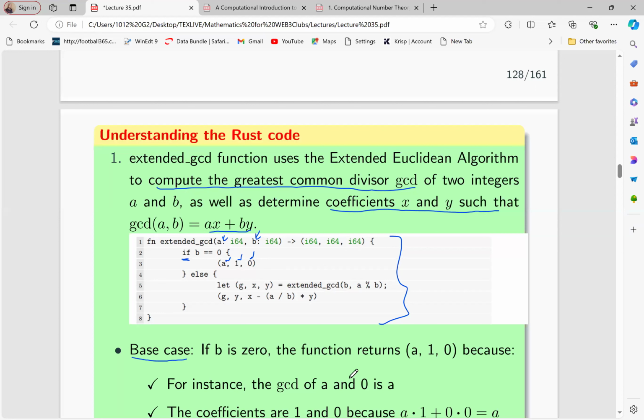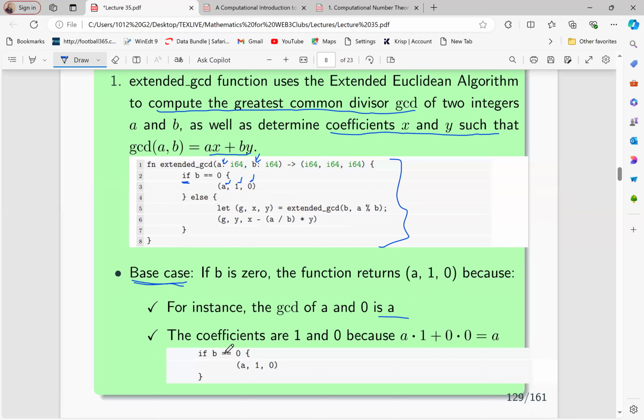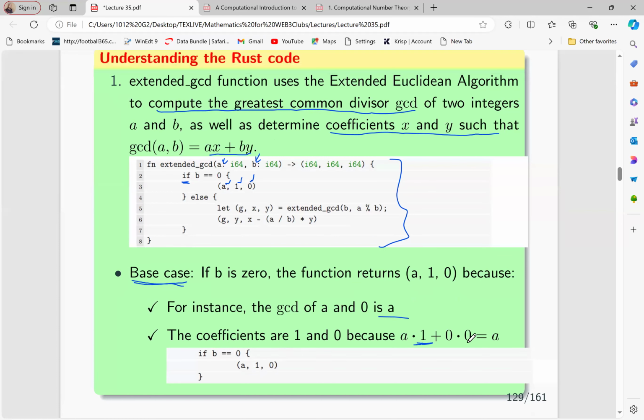The best case means that if B is 0, the function returns this. Because, for instance, if you take B to be 0, the GCD will be A, the coefficient of A will be 1, and the coefficient of B will be 0, so that this sum gives you A.